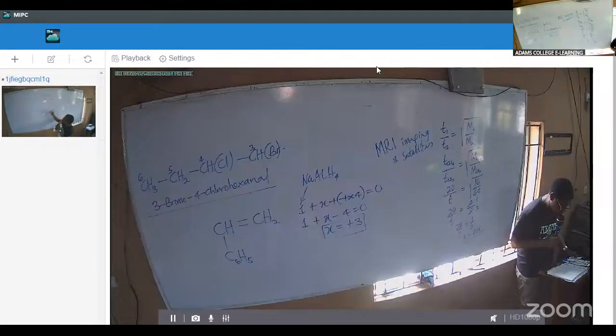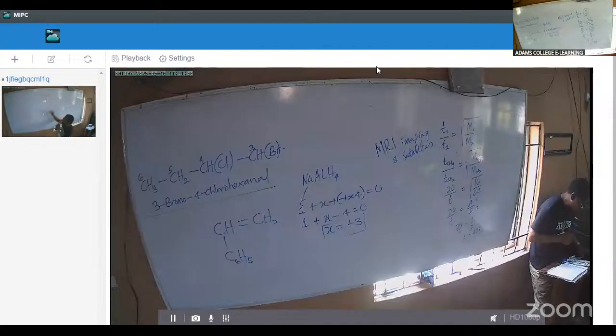I want to give you another one now. Beryllium and aluminium have similar properties because they: option A, are both metals.